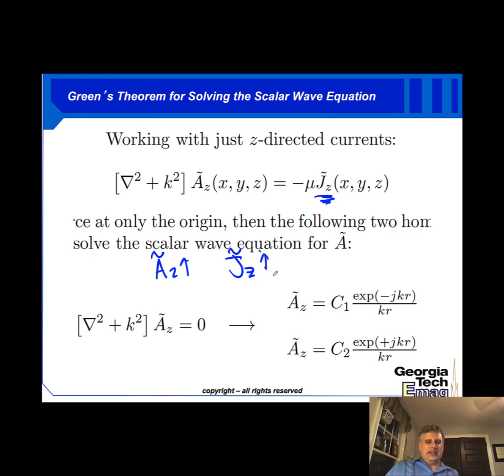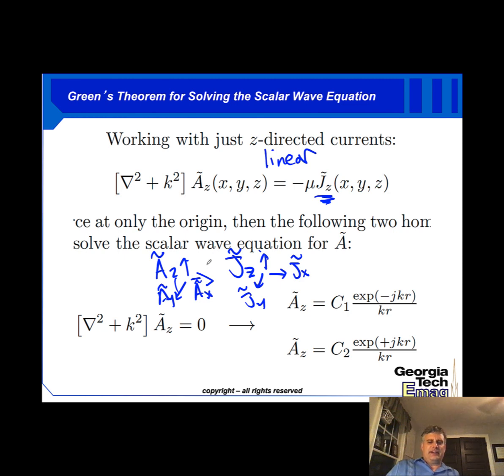Without loss of generality, that's a perfectly fine simplification to make, because this is a linear system and it's a scalar wave equation. If I want to solve for the x component of J, then I effectively just tilt the world 90 degrees and use the exact same mathematics for that and get A sub x. And if I want the y component of J and see how that influences radiation, I solve for A sub y by tilting the world 90 degrees in the other direction.